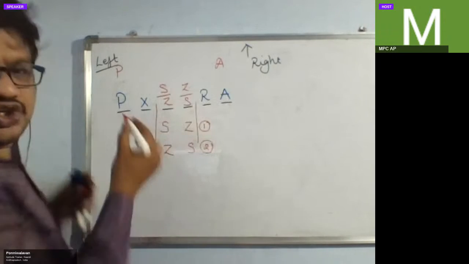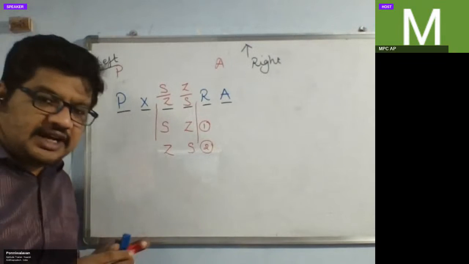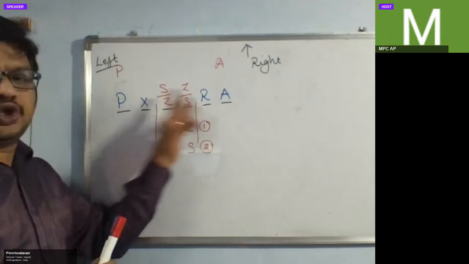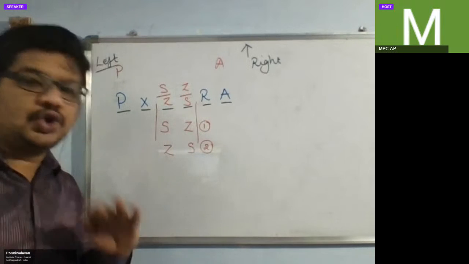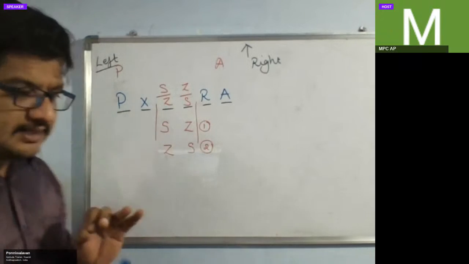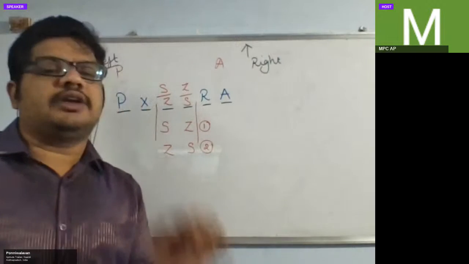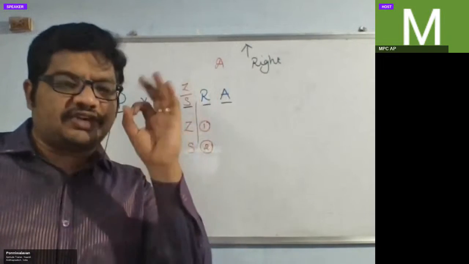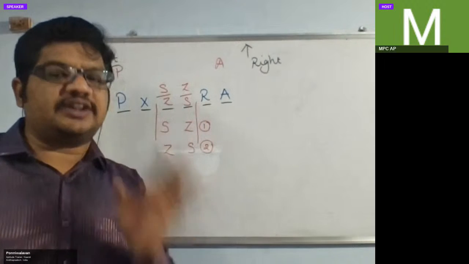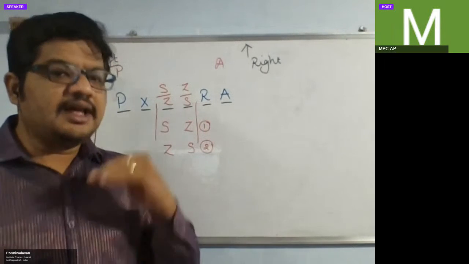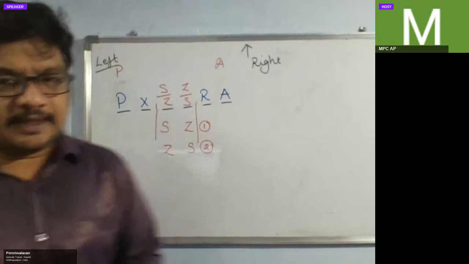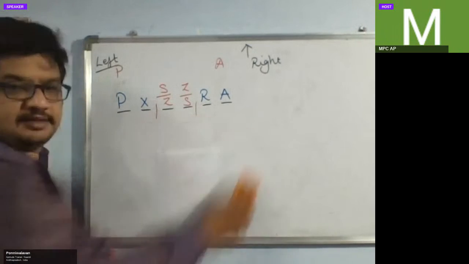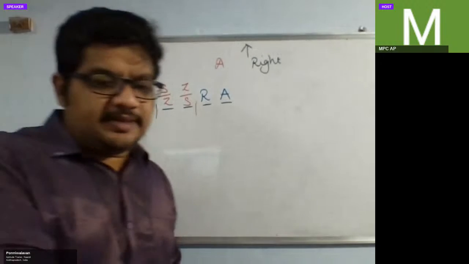In these two places, Z and S will come, we know, but we don't know the order. Like syllogism, in seating arrangement also, if you have a definite condition or definite thing satisfied, then only you can come to the decision. Otherwise, go with all possible options. Is it clear?